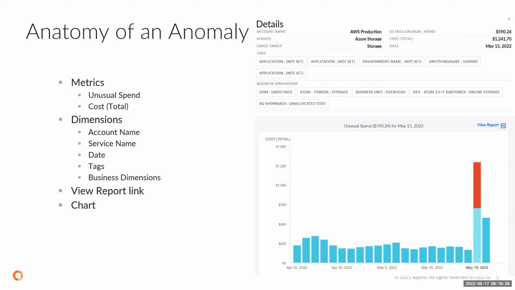Add the resource ID dimension to the report and see what instances are actually being included in this anomaly. That can give us a better idea of what's going on. If there are 20 instances and they're only expecting 10, well, that kind of explains things, right?